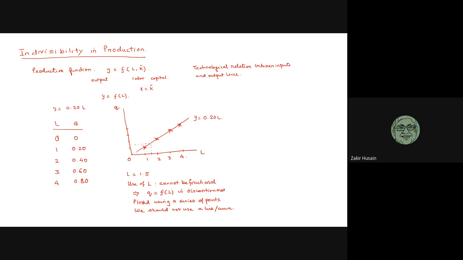However, for simplicity, we often do what Tamang has said. We simply connect the lines. We remove this assumption. We assume that yes, labor can be fractional. Otherwise, we just need to place the points, and we can't connect them. There will be disconnected points. So what we do is we remove this assumption and we plot it like this.